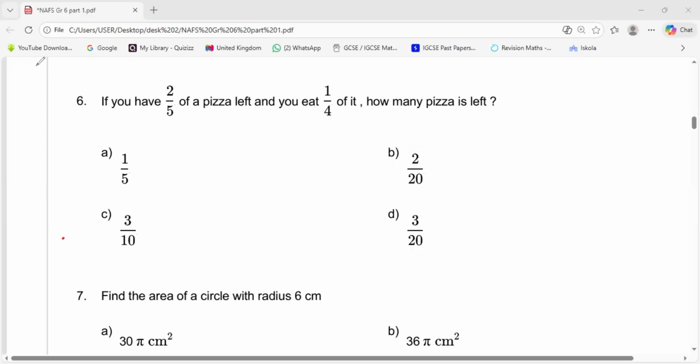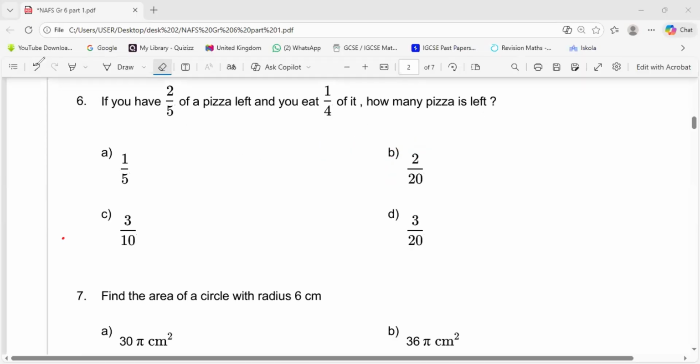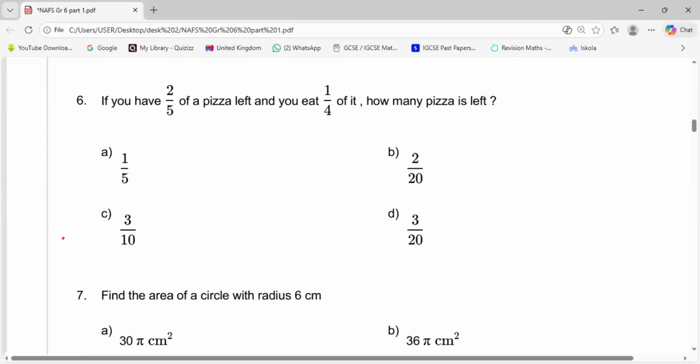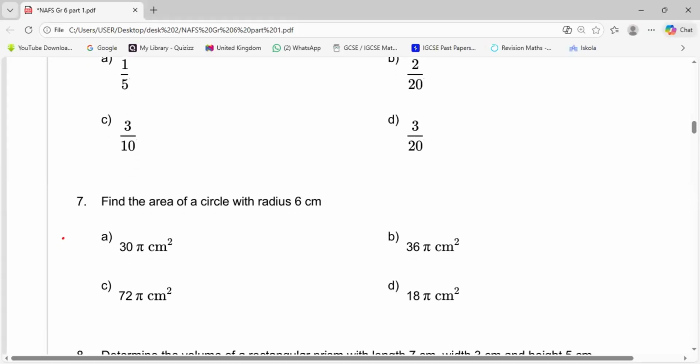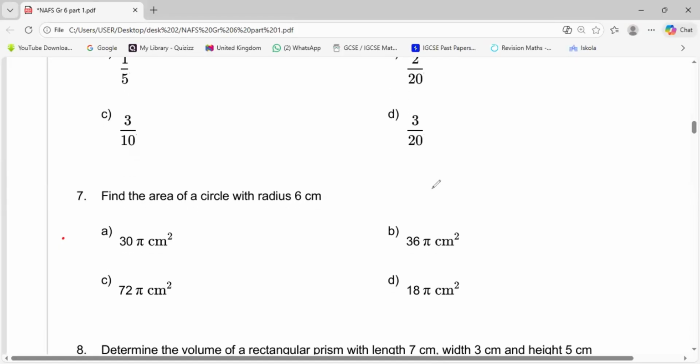We have a specific rule for the circle. The circumference equals 2 pi r. R is the radius. Here is the radius of the circle.